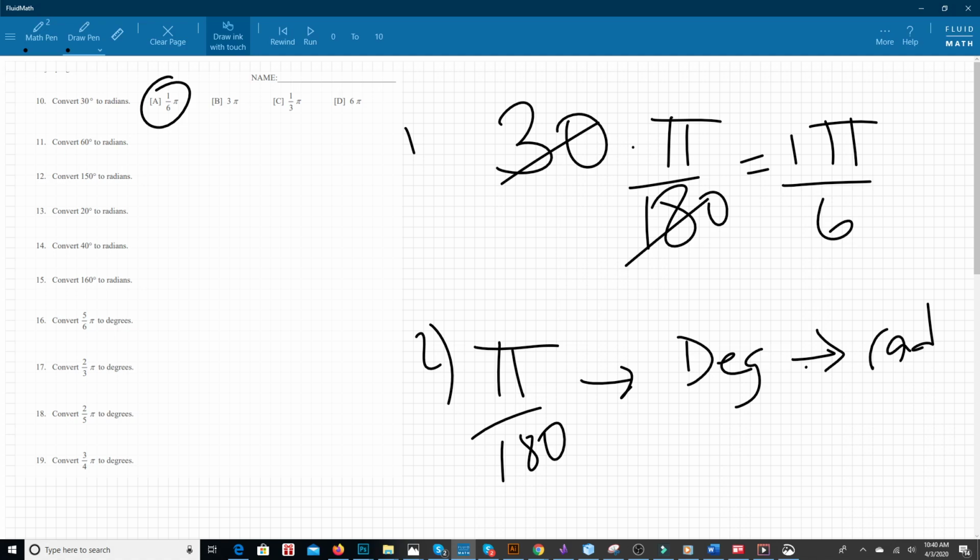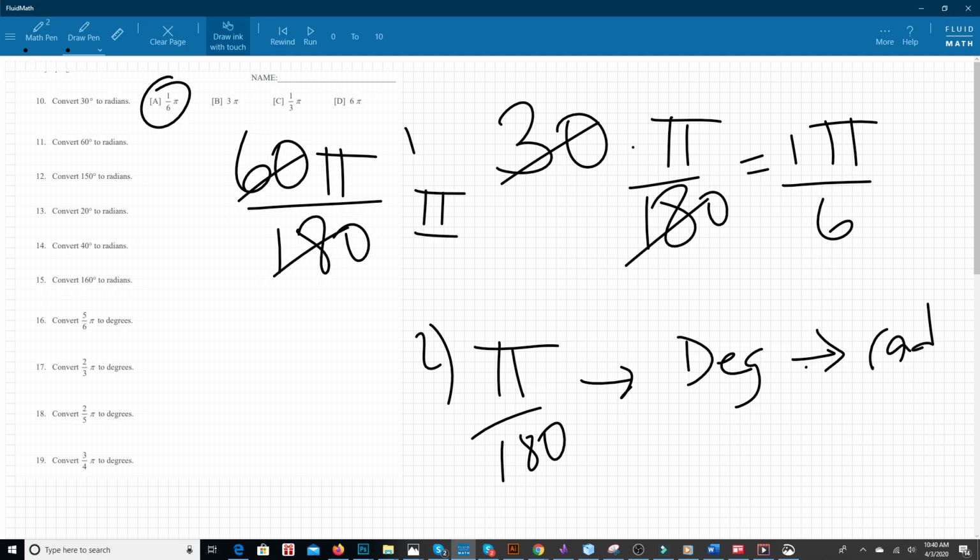One third, right? Because it's 60 over 180. So it's essentially 60, I see you, Jeff, 60 pi over 180. That's going to give you pi over 3.